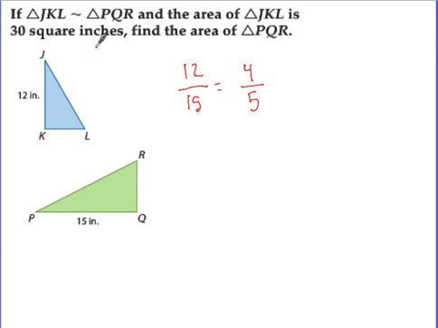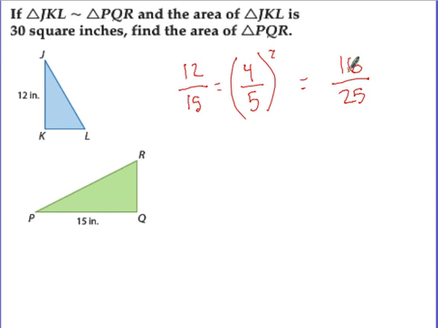And now I want to find the area of PQR, so I need to use the scale factor between the two shapes, but I need to do what first? Got to square it. So 4/5 squared would be equal to 16 over 25.